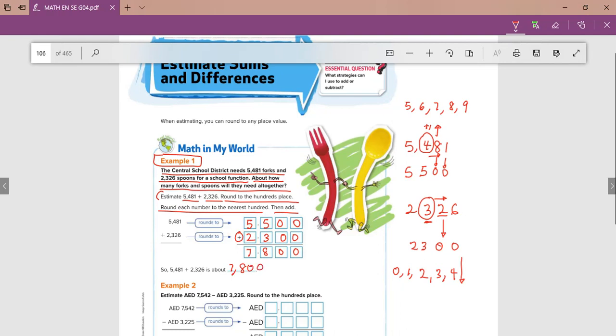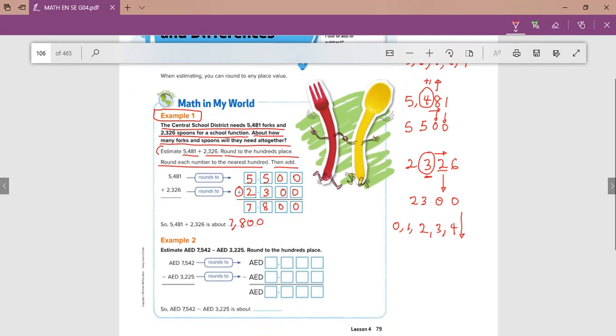Okay, now try number 2 by yourself. Pause the video, and afterwards you can check it. Now I'm going to take you through example 2. So example 2, we want to estimate 7,542 minus 3,225 with the instruction round to the hundreds place.